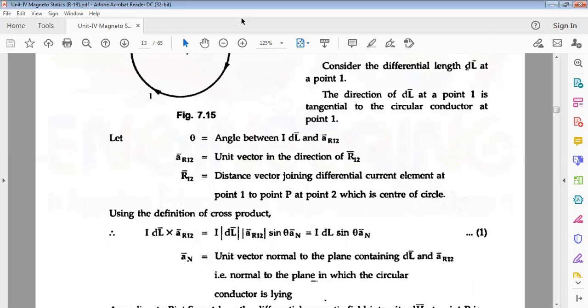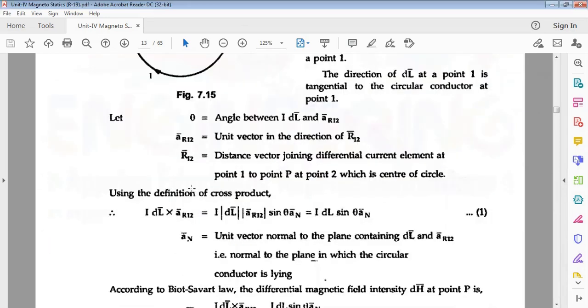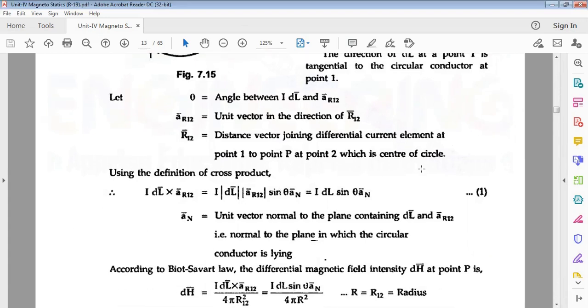Now it is a circle. Theta is the angle at dl bar to the point P. So I dl bar cross a r bar becomes I with the magnitude of dl and the magnitude of a r and sine theta a n.